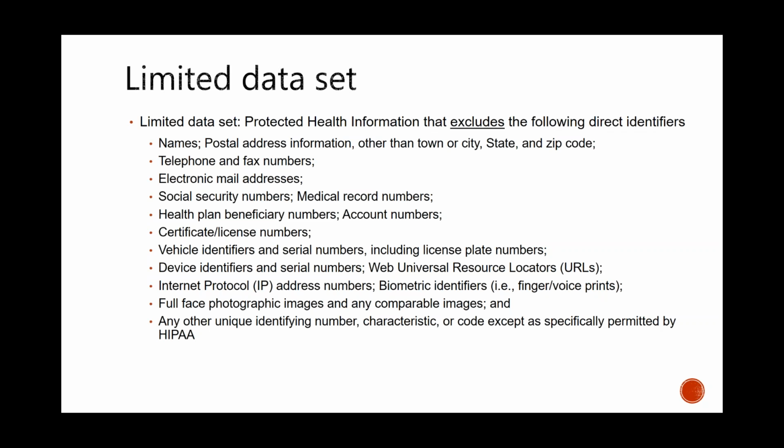It excludes telephone numbers, fax numbers, emails, social security numbers, medical record numbers, any sort of health plan number or account number, or any other sort of certificate or identifying numbers directly tied to an individual. The only protected health information that is included in a limited CDEMS data set are dates of service and dates of birth.